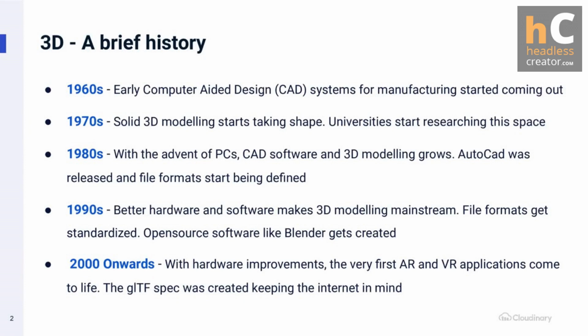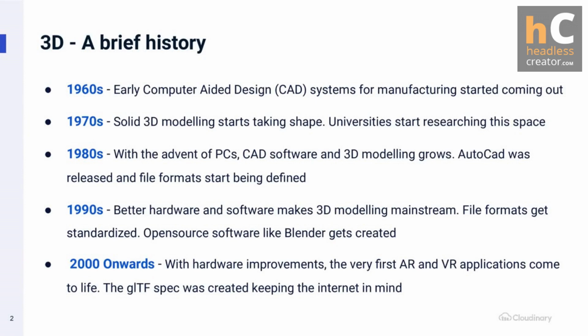Then in the 80s, with the advent of PCs, CAD software started becoming more and more prominent, and so 3D modeling grew. AutoCAD was actually started back then, and they're still around, and still a pretty popular 3D modeling software to this date. This is where file formats and 3D formats start getting more interesting, because a lot of people were using it.